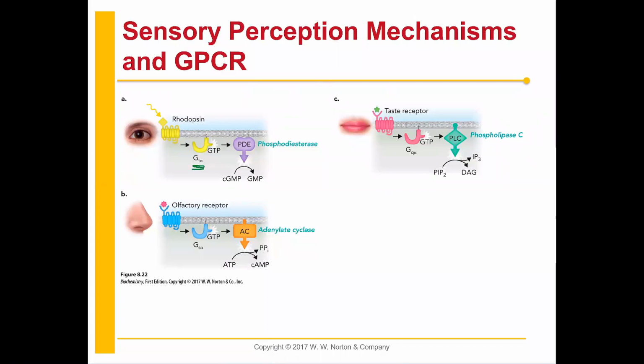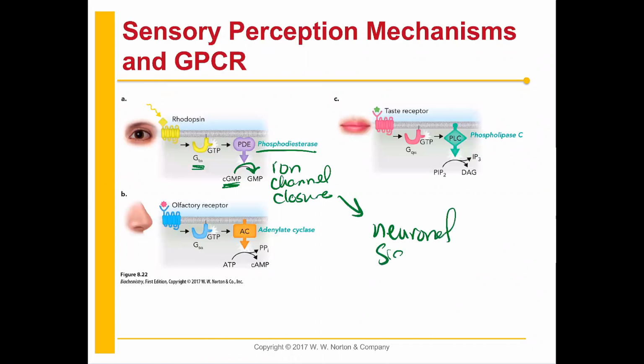This stimulates a phosphodiesterase. Remember we said it has different downstream effects. And you have cyclic GMP hydrolysis to GMP, and that actually causes an ion channel closure. And when you have that ion channel closure, now you're going to have neuronal signaling. So that's how we know we've detected light. We have to convert some physical thing into a signal to the brain. And so that's how we do it for vision.